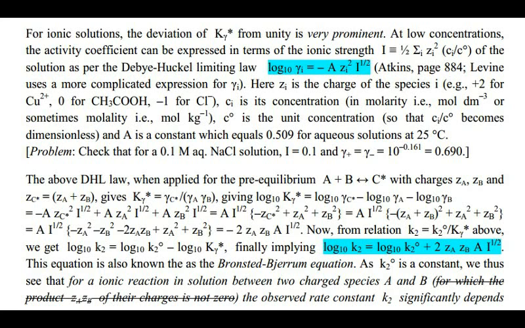Ionic strength is a parameter that tells us how different the activity coefficients will be, or in other words, how different the activity will be from concentration for ions in a solution of ions.